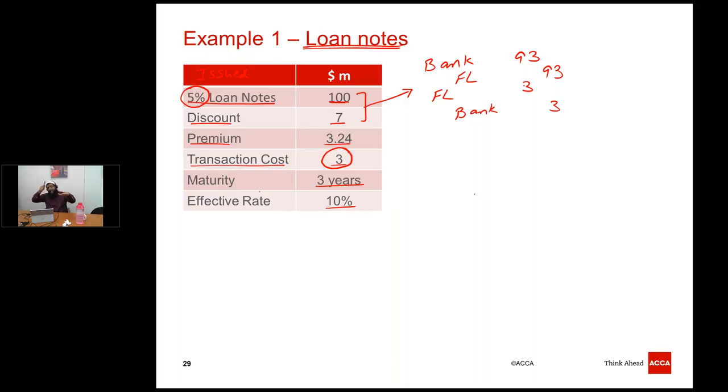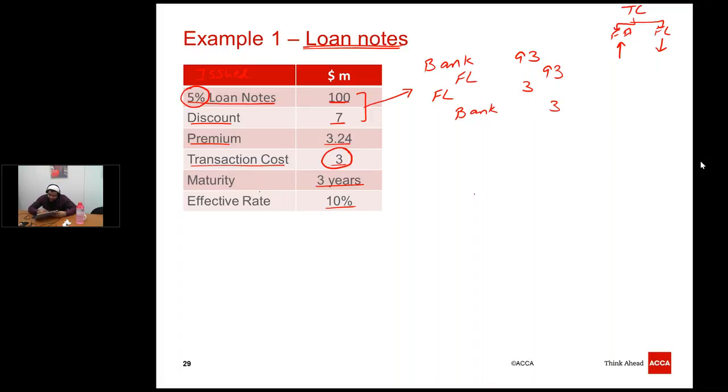But in case of financial assets, the transaction cost would increase the financial asset, and in case of a financial liability it would decrease the financial liability.